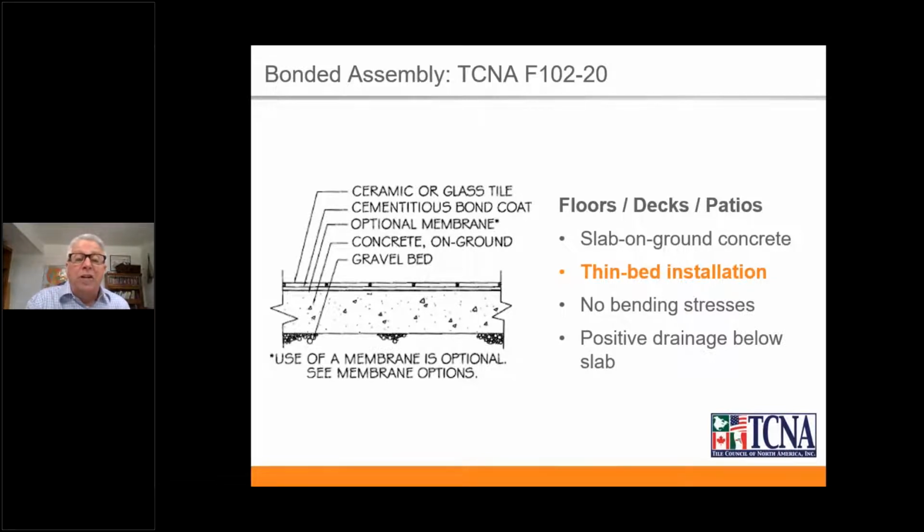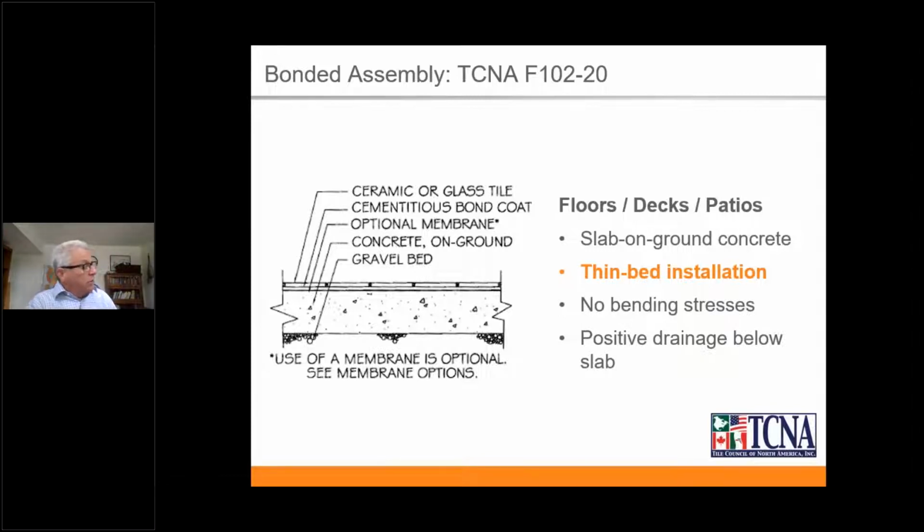This is where the tile would be bonded directly to the slab. A fairly common approach on a sidewalk or a patio or a lanai, something like that, where you have on ground or on grade concrete placed, and then you're putting the assembly over the top.